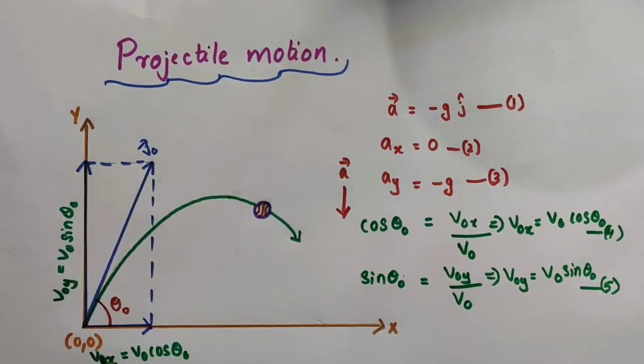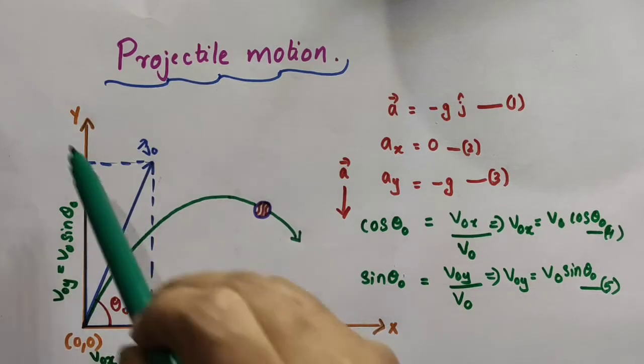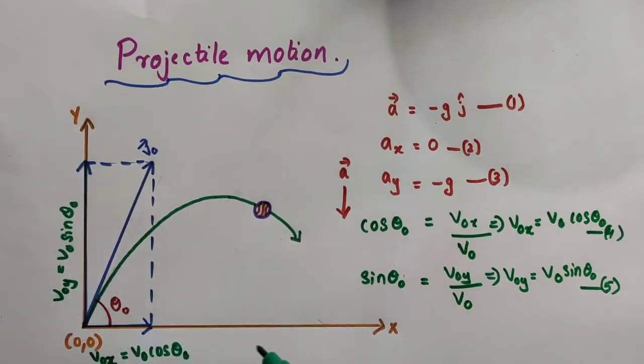Okay, so v0x is the x component of the initial velocity and v0y is the y component of the initial velocity. Here the frame of reference is this xy plane. Let the initial position of the projectile be at the origin. That is, initially the projectile is here at the origin of this reference frame. So what about the initial position of the projectile? Its x and y values are 0, because initially the projectile is at the origin.